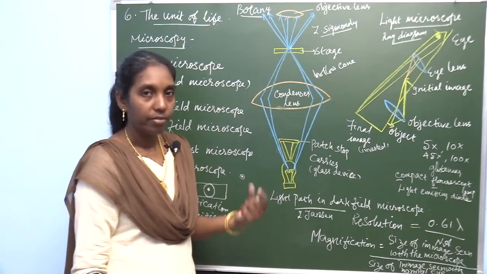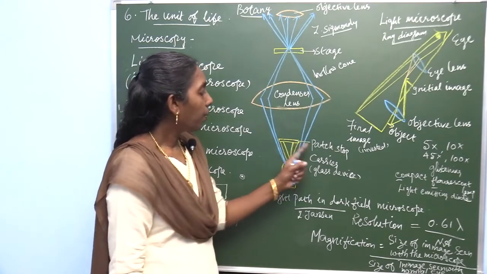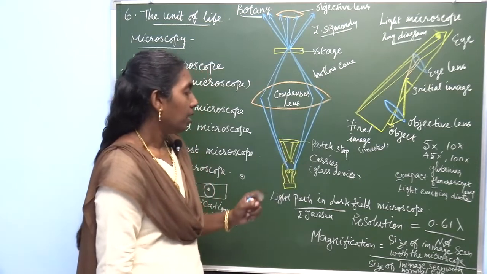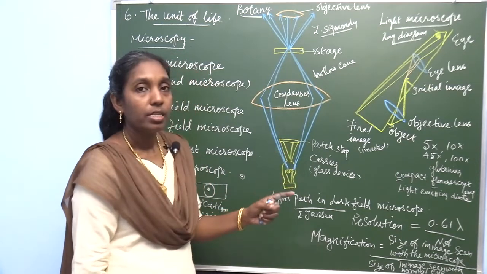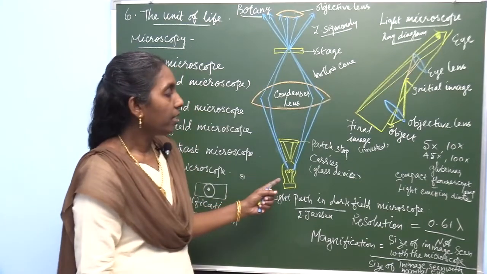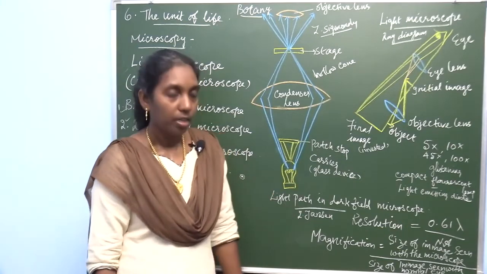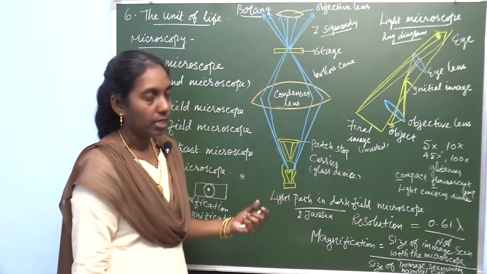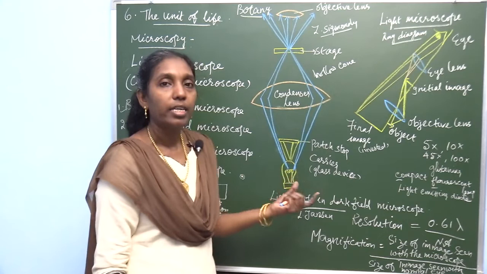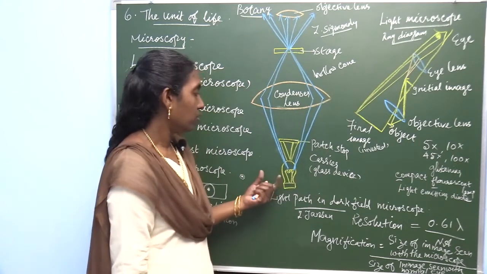The source of light may be a compact fluorescent light or a light emitting diode.